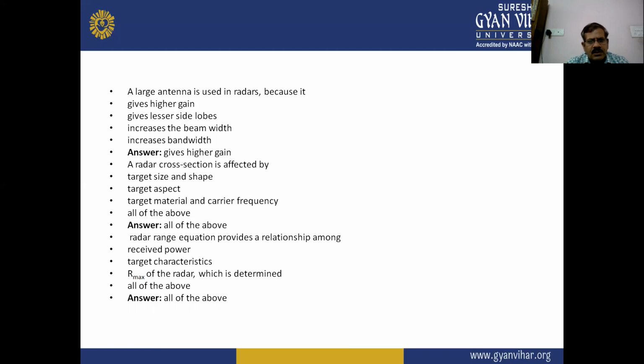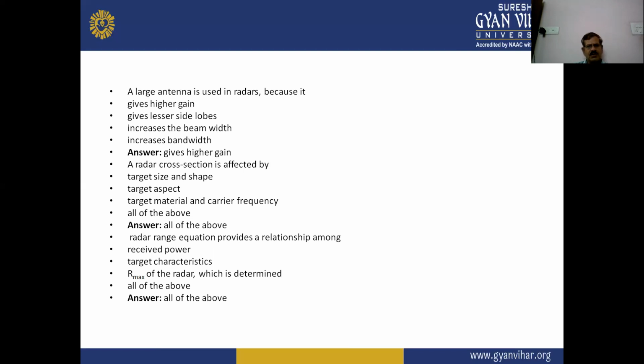Next question: the radar range equation provides a relationship among option A, receiver power, option B, target characteristics, option C, R max of the radar, which is determined, and option D, all of the above.